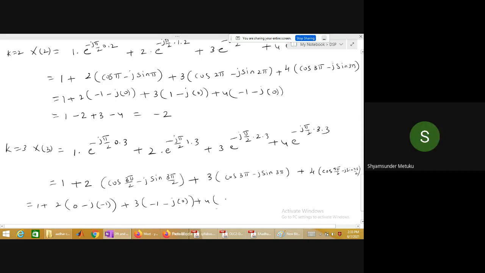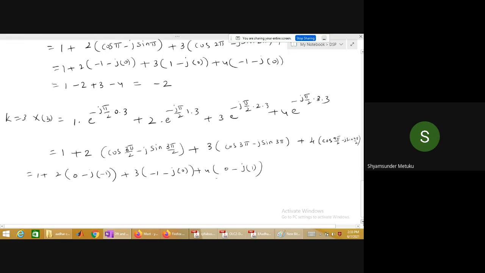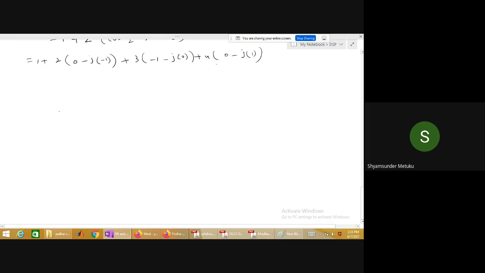That is what I'm telling. 0 minus j of 1, is it correct? Yes, sir. Okay, fine. Now you tell me overall result. Now overall what do you get? 1 plus 2j, minus 3, minus 4j. We'll get minus 2 minus 2j. Yes, sir.